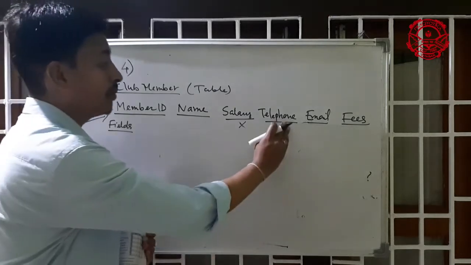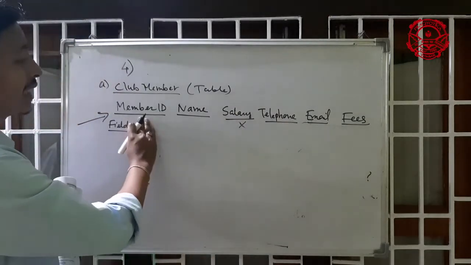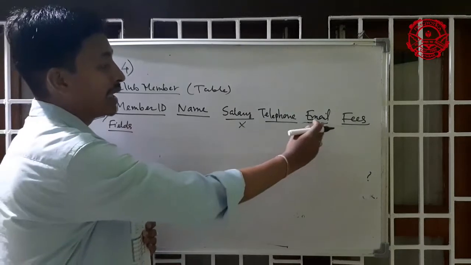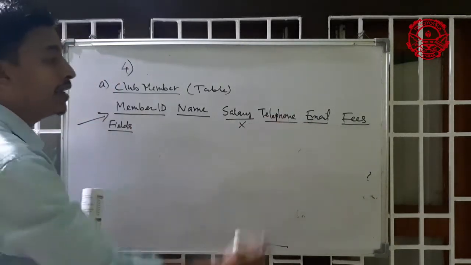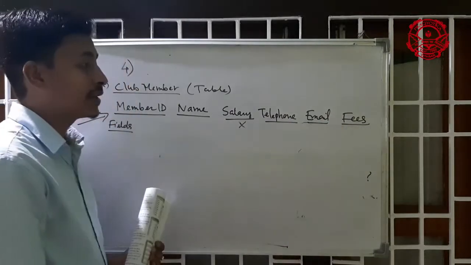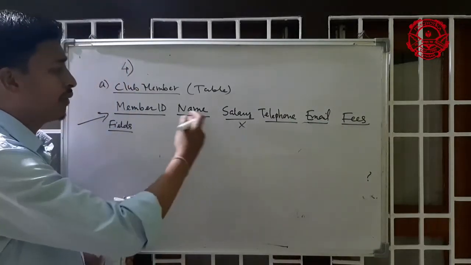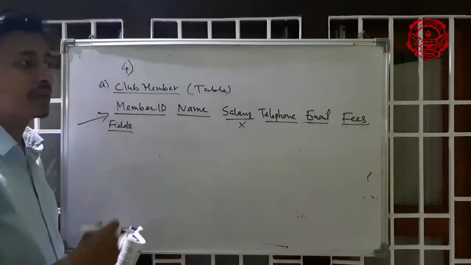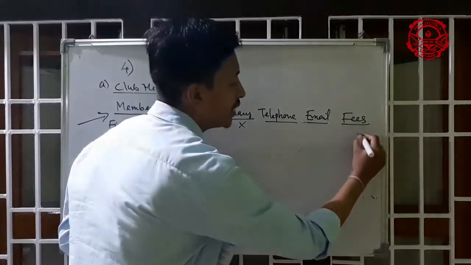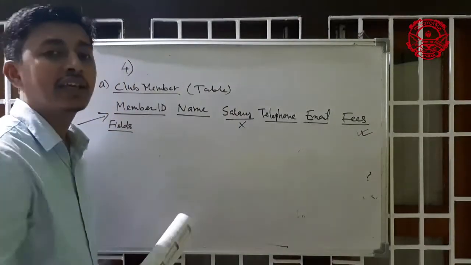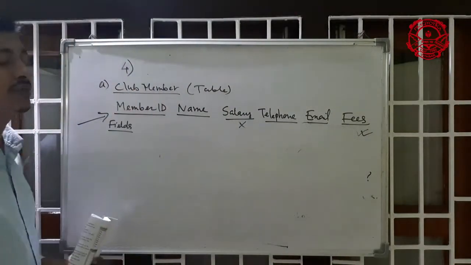Telephone number, yes, I need a telephone number. Email ID, yes, I need the email ID. I also need fees. Fees means when they want the service in the club, they need to pay something for the services of this club.